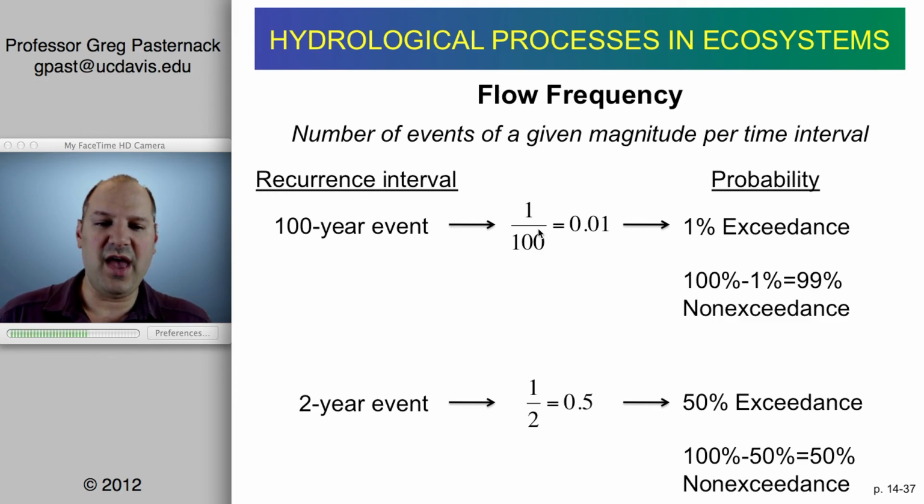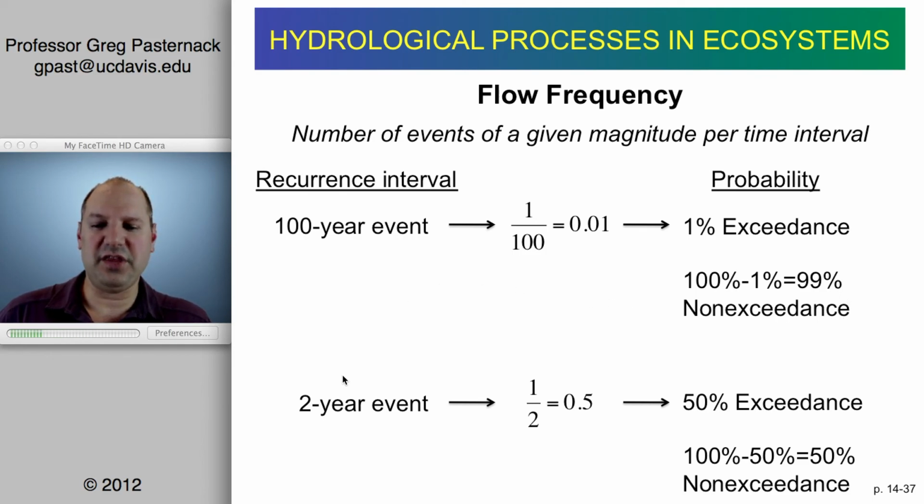So a 100-year event, that discharge level or magnitude is exceeded 1% of the time. So if we want to get non-exceedance, we say 100% minus 1 equals 99%. So 99% of the time, this is not exceeded.